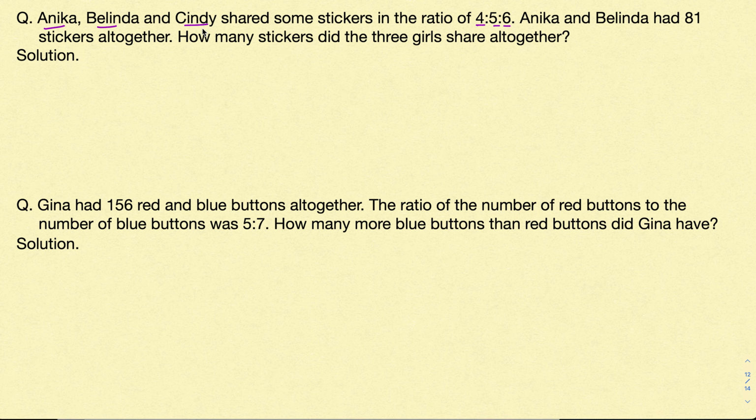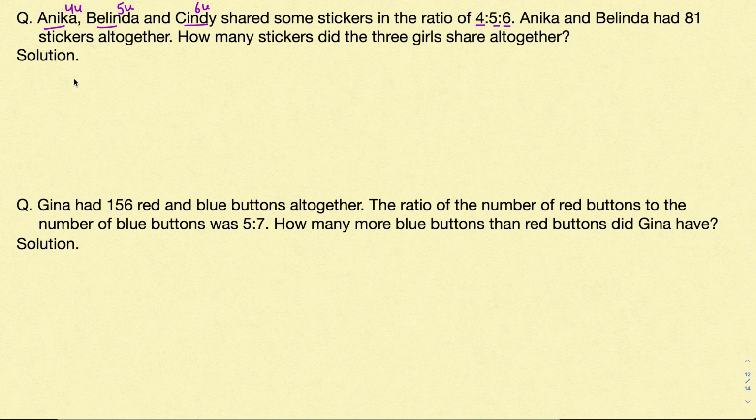So the 4 is for Annika, Belinda has 5 units and Cindy has 6 units. Out of all the stickers, the ratio in which it is divided among these three girls is 4:5:6.